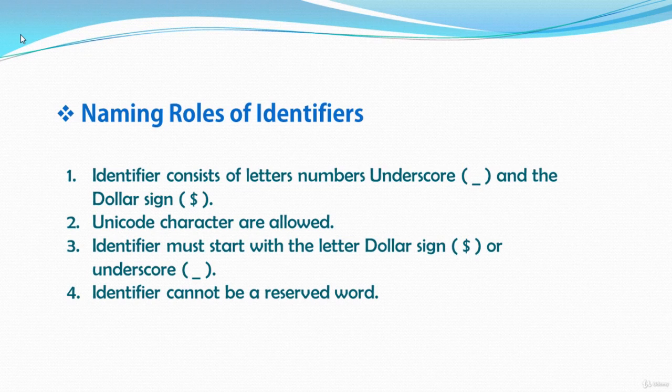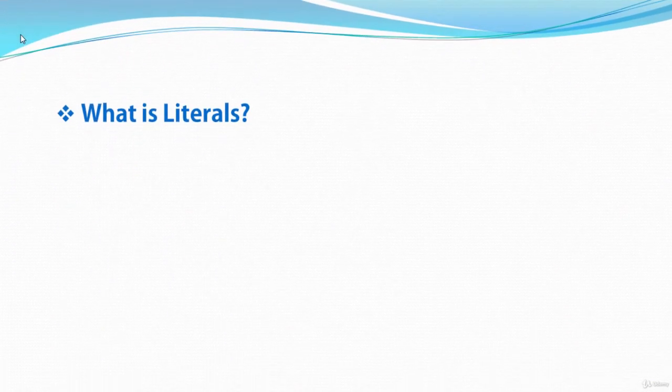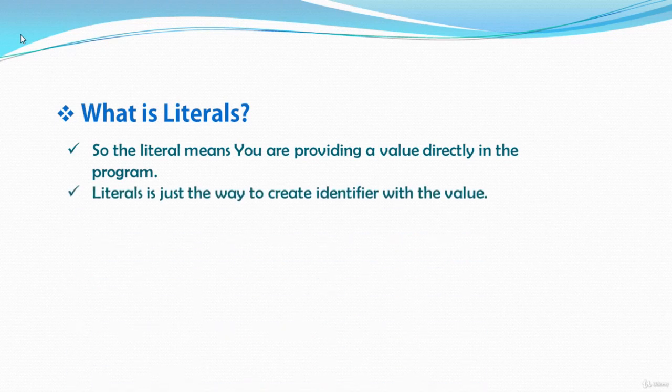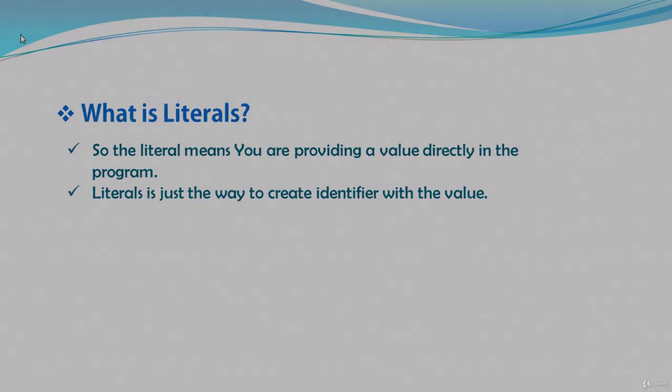Now, let me move to the next topic, literals. We already saw a literal in the previous example, where we specified a variable name with numerical literals. So literal means you are providing a value directly in the program. A literal is just a way to create an identifier with a value.